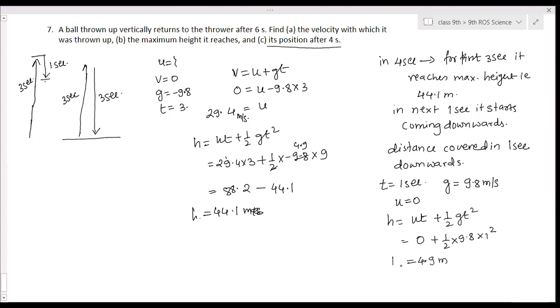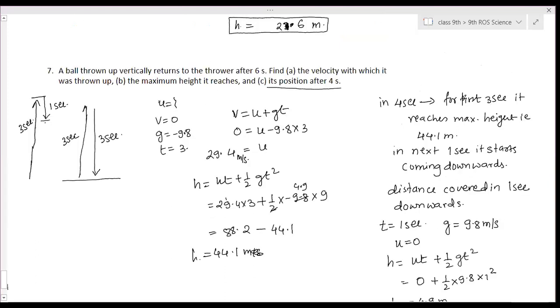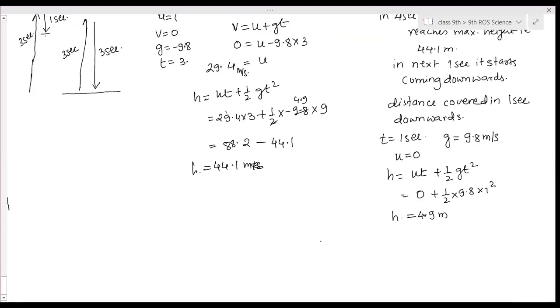The distance covered in 1 second is 4.9. They have not asked what is the total distance covered, they have asked the position. So its position is 44.1 minus 4.9 meters.